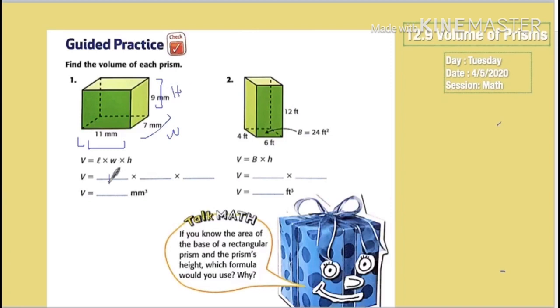So here we have 11 times 7 times 9. In order to do this problem, again, it doesn't matter which numbers I multiply together. So for this one, I'm going to do 7 times 9, which is 63. And then multiply 63 times 11.